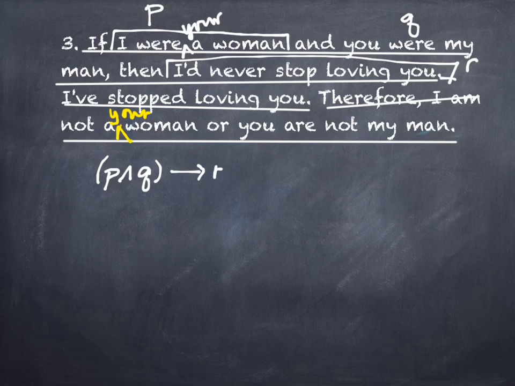Okay. Second statement says, I've stopped loving you. What's that mean? That's tilde R. That's right, Brandon. So I've got tilde R down here. Therefore, that's this line, right? This line that I had in the last section. It says, therefore, I am not your woman or you are not my man. What is that going to do for us?